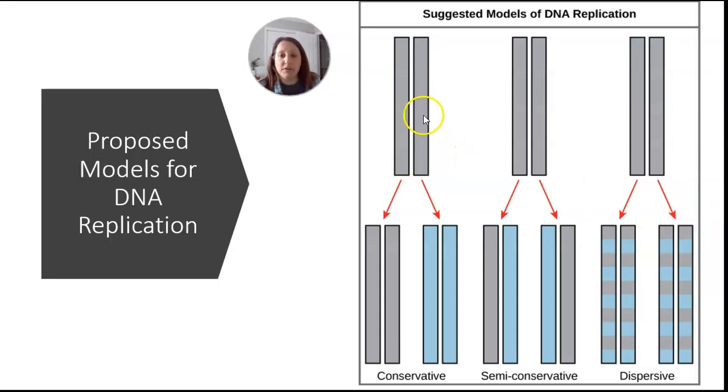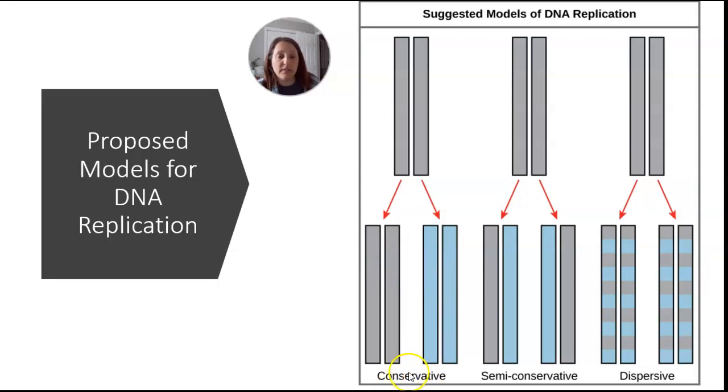The first model, all the way on the left, here is our double strand of DNA represented by these 2 gray bars. It was suggested that these come apart, 2 new strands are made, those come apart, and then the original 2 strands, again shown in gray, come back together, and the 2 new strands, shown here in blue, are together.